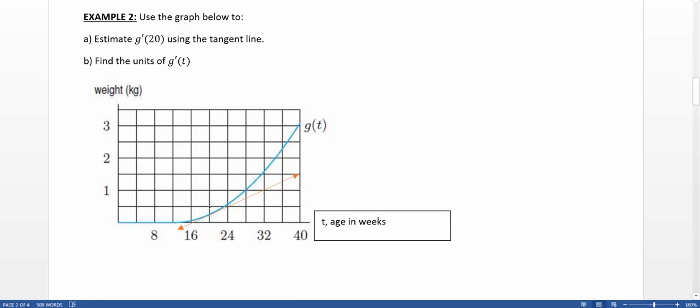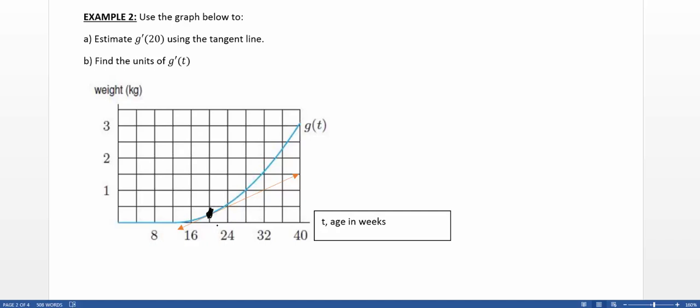So what you'll notice here is that right at 20 is where we're going to touch. So right about here. And again, if I want to approximate the derivative at 20, I'm looking for the slope of the tangent line. So in order to do the slope of the tangent line, I need to find 2 points that are on the tangent line to approximate the slope.